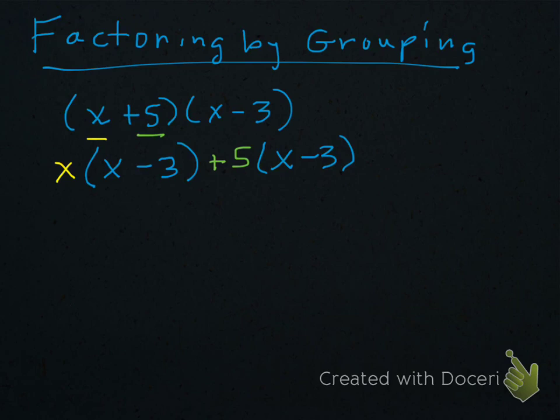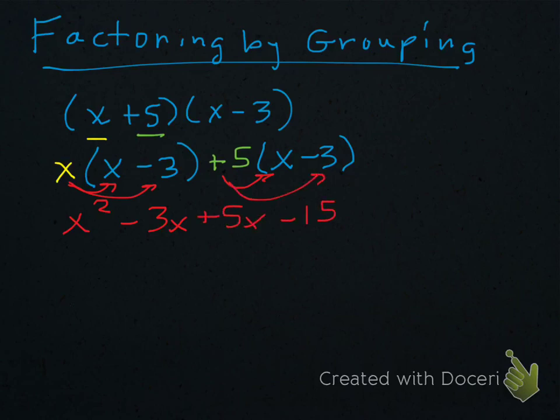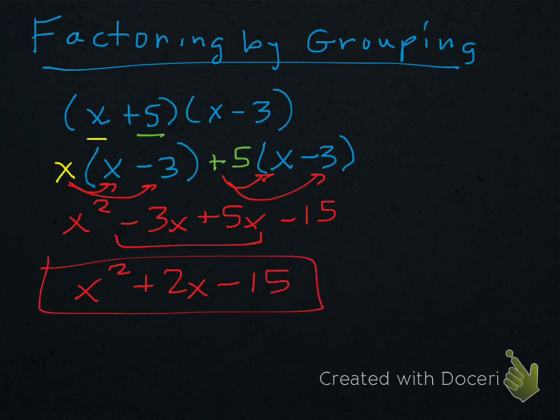So once we evaluate this, we get x squared minus 3x plus 5x minus 15, and then these middle two terms we can combine to be x squared plus 2x minus 15. So when we're factoring by grouping, what we're doing is we're going backwards from this step to this step.